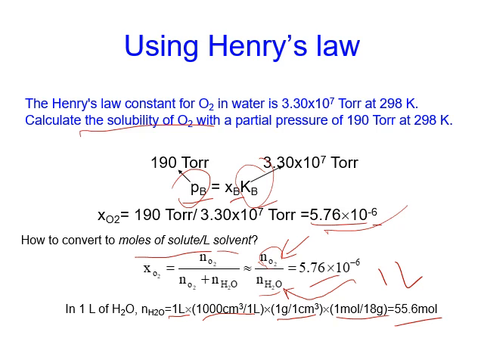So we have 55.6 moles of water in 1 liter of water, and therefore the number of moles of oxygen can be calculated, which is 3.177 times 10 to the minus 4. And that's the molarity of the solubility of oxygen.